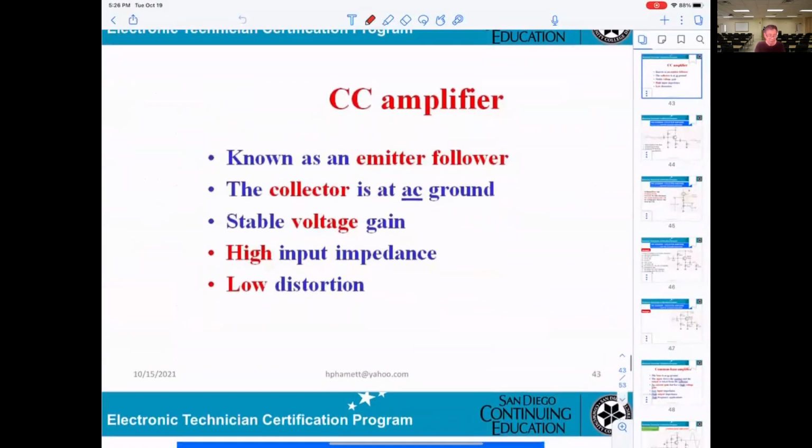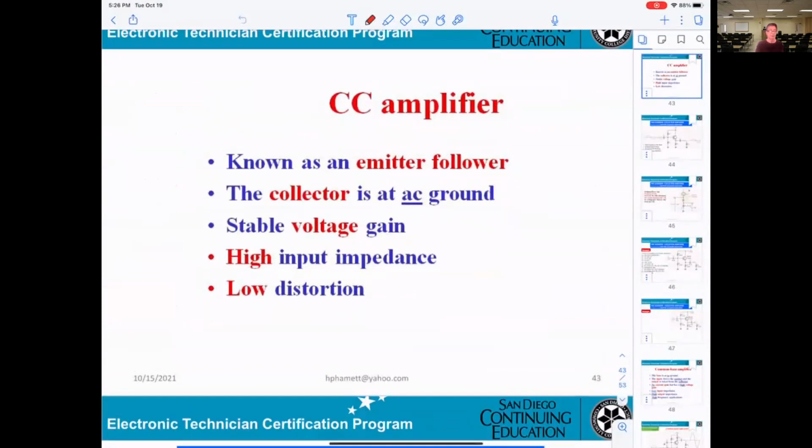Okay, so today we're talking about the common collector amplifier. Do you understand the common collector? That means in the AC, the collector will be grounded. Common emitter, in AC, the emitter will be grounded.